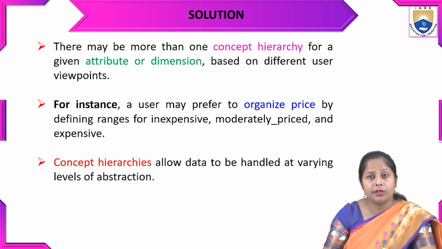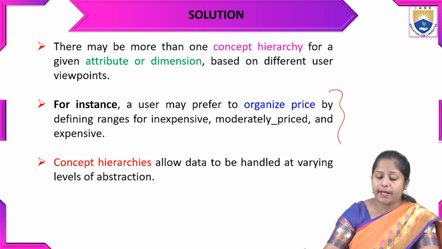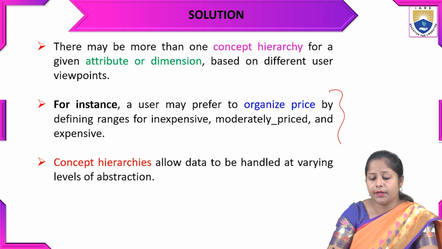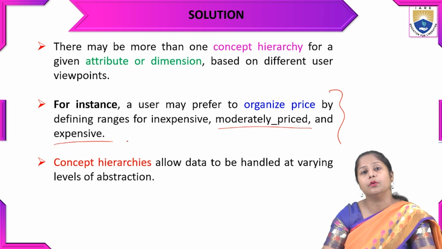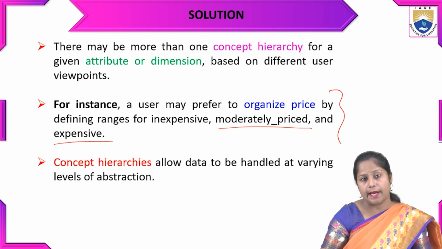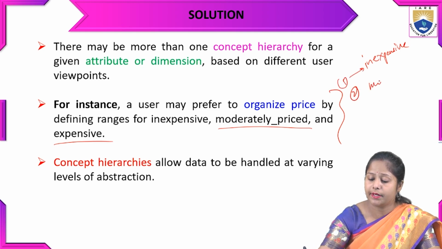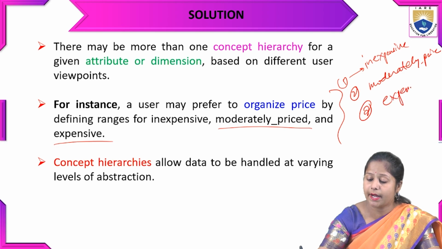For example, a user may prefer to organize the price by defining ranges as inexpensive, moderately priced and expensive. So one person may divide the price into three forms: inexpensive, moderately priced, which is a medium price, and expensive, which is the highest price.